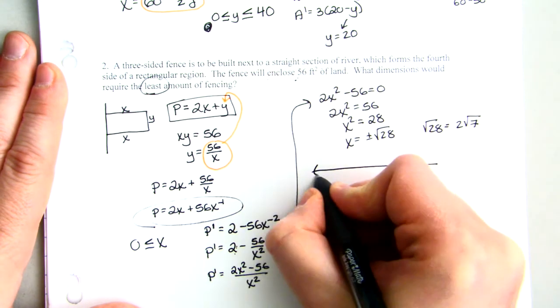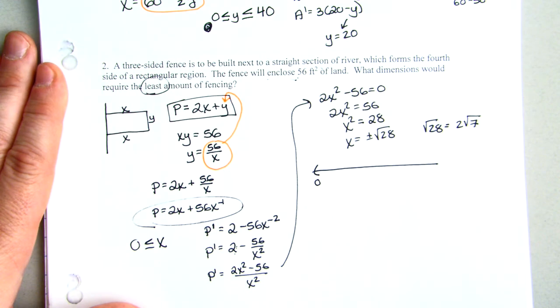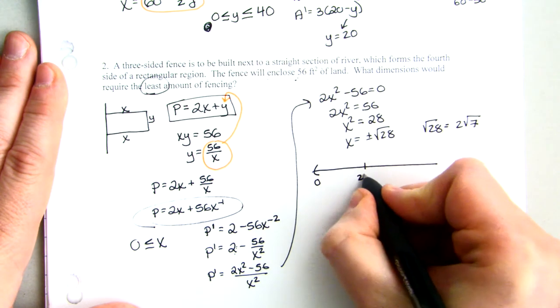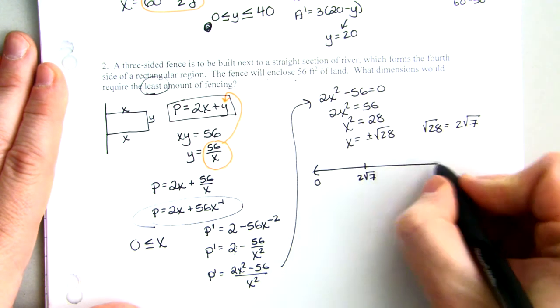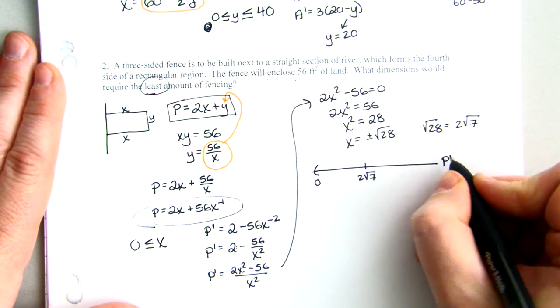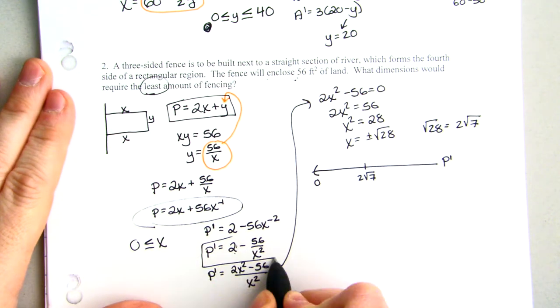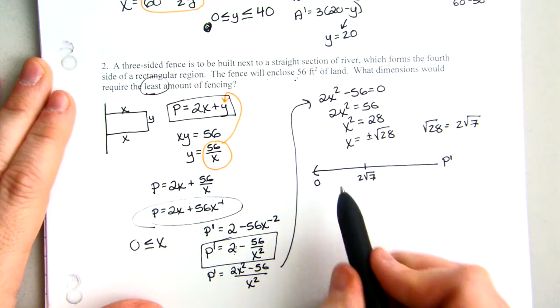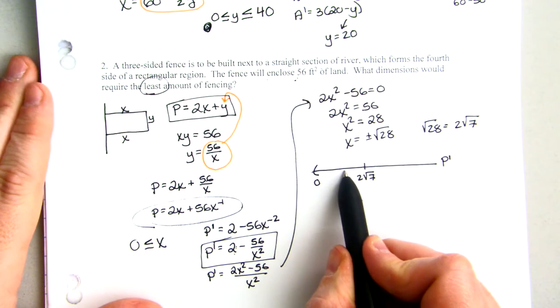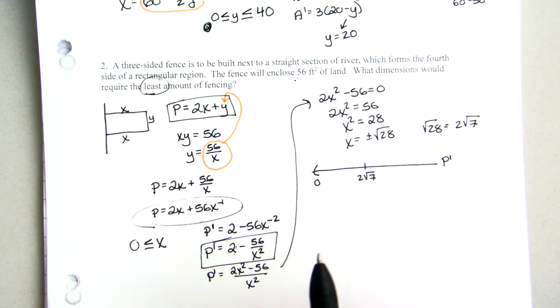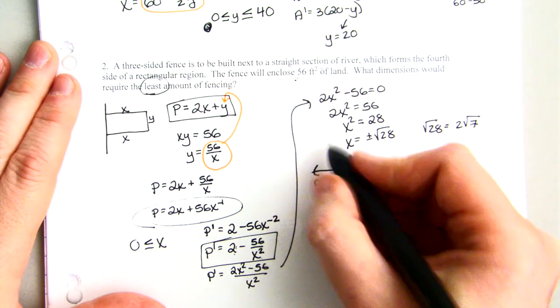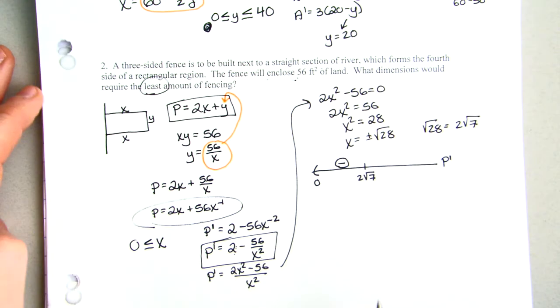I'm going to do my number line as if I was doing a relative minimum. I'm going to put a tick mark at 2 root 7. I need to label my number line because I'm about to test my values in P prime. I think I'm going to go back to this version of P prime. If you plug 1 into P prime, is it positive or is it negative? I think plugging in 1 should give you 2 minus 56, definitely some negative number.